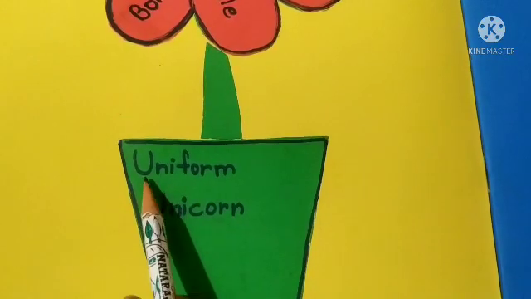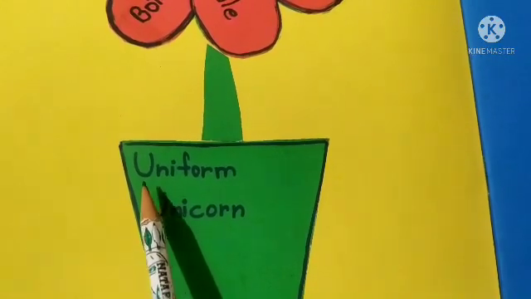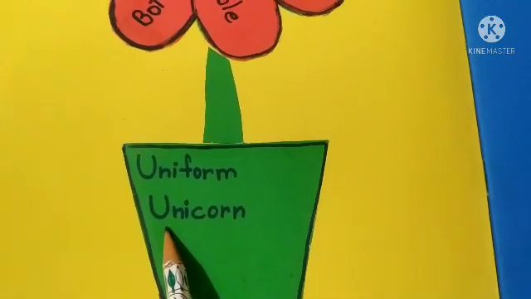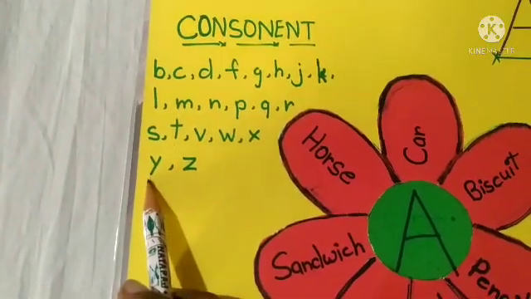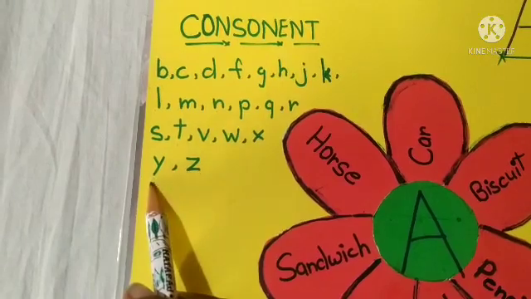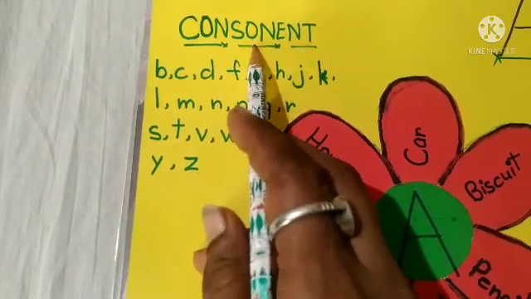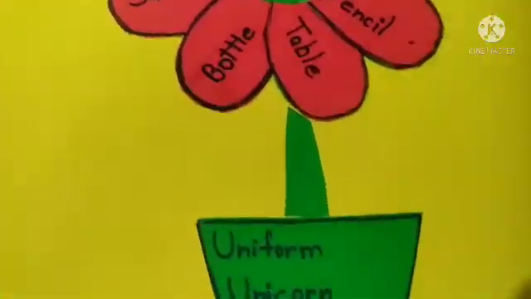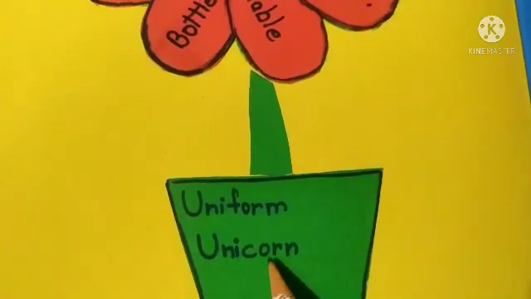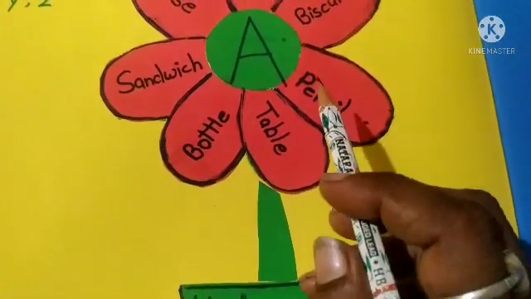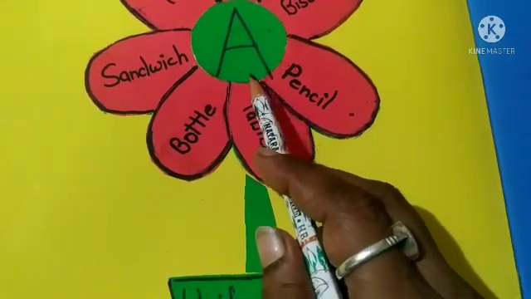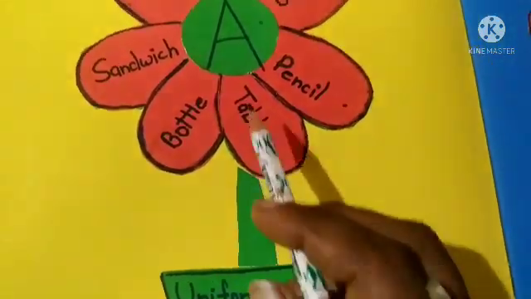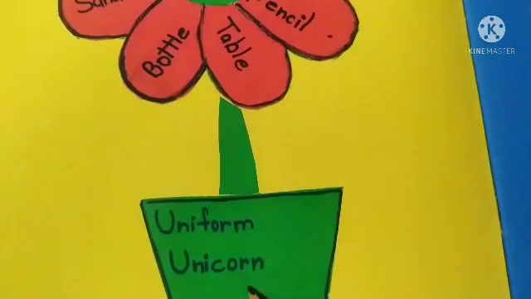And here the Y sound comes in consonant. Y sound is ya and ya comes in consonant. So before these words we will use a as an article. A uniform, a unicorn.